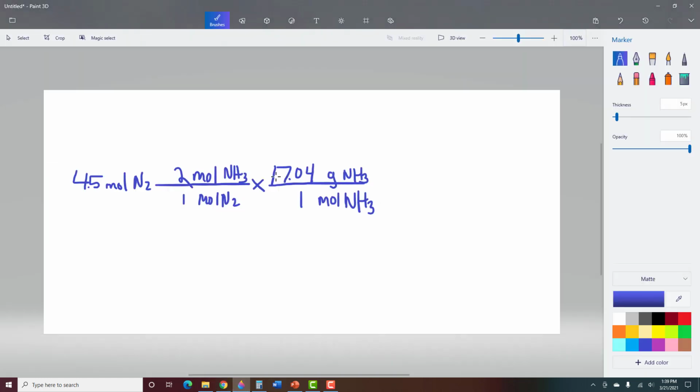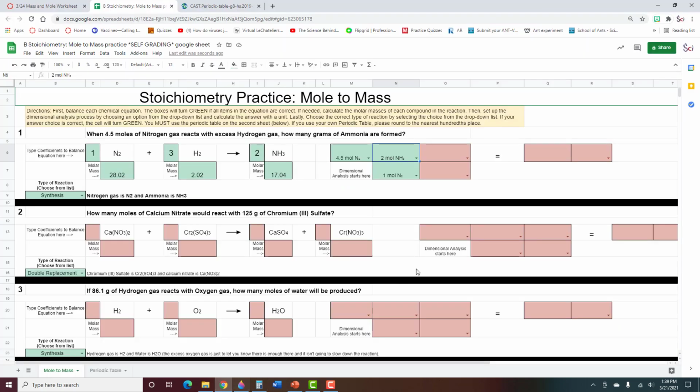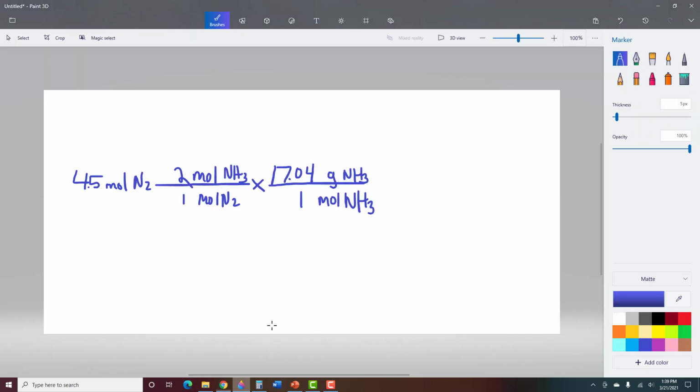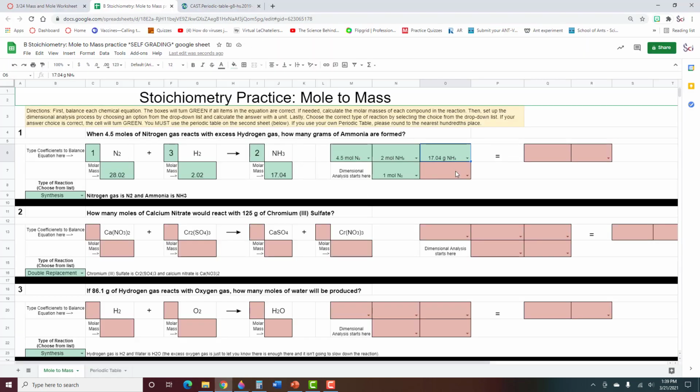In the next one, we had 17.04 grams of NH3 on the top, and on the bottom, it was 1 mole of NH3. Notice how everything turned green, so I know that I have those in the right place. If something stays red, then you put that in the wrong place.